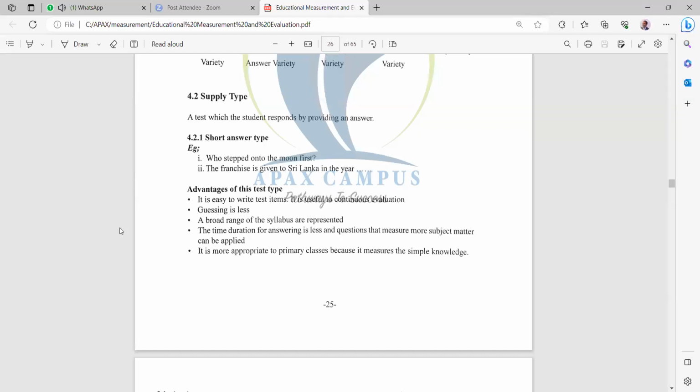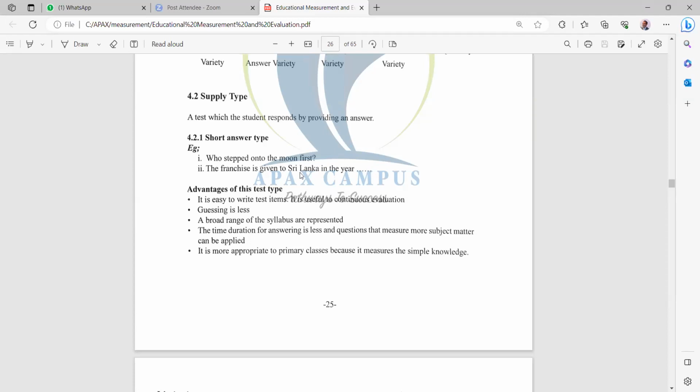A broad range of the syllabus is represented. For that, of course, you need to have many questions like this. When you come to the other type, the long answer type, it's clearly visible that we can cover a broad range of the syllabus within one question. The time duration for answering is less, and questions that measure more subject matter can be applied.